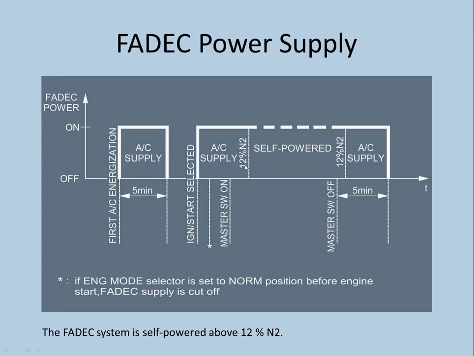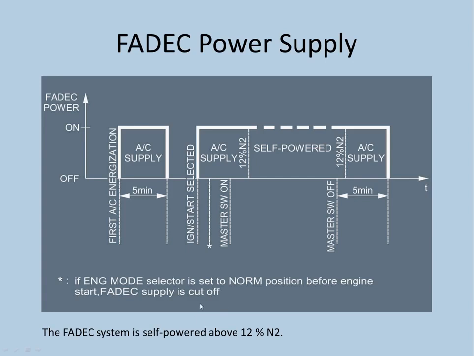And when the engine is started and at 12% N2, this is the important figure, 12% N2, it is self-powered by its magnetic alternator. When the master is off and below 12% N2, it will stay on for 5 minutes, do its recording and anything else, maintain the data, and then switch off.